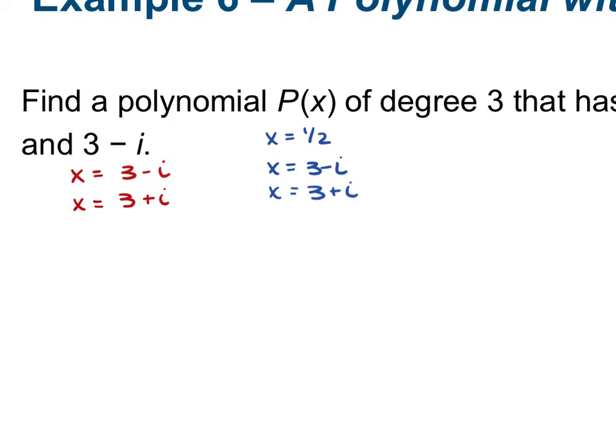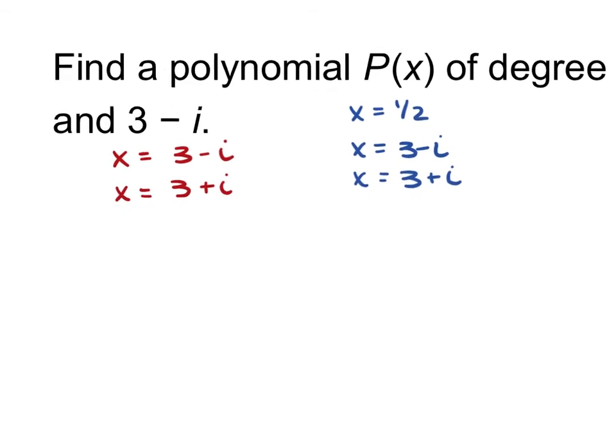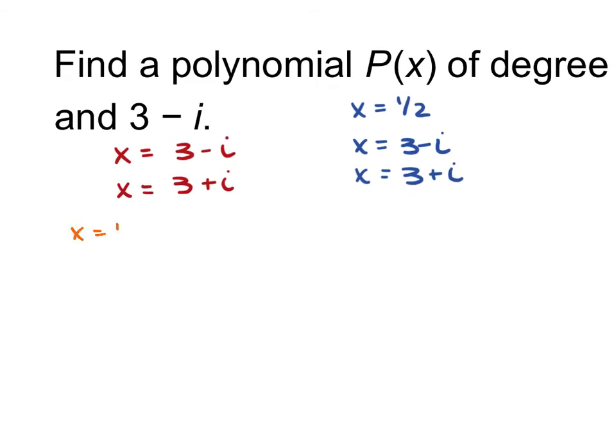In order to find what each of these binomials or trinomials are going to be, you're going to have to solve or rewrite these to where x is not solved for. So for that x is equal to 1/2, we're going to move the 1/2 over by subtracting it from each side. This just gives us x minus 1/2.